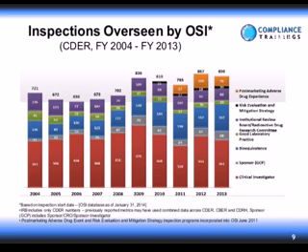Now, for the purpose of improving our awareness in an actionable manner, I'd like to share FDA inspection data. For example, this is for CDER, starting from fiscal year 2004 through 2013.